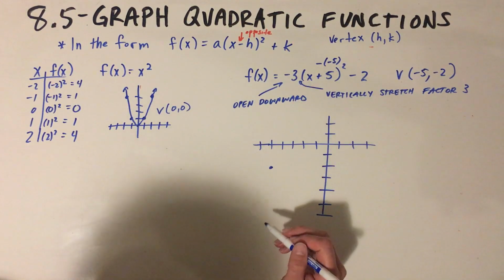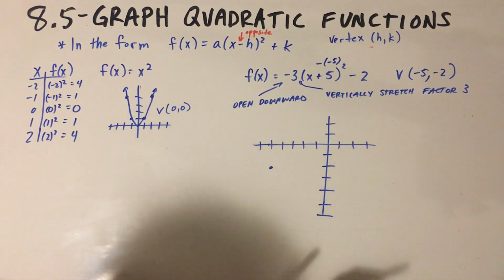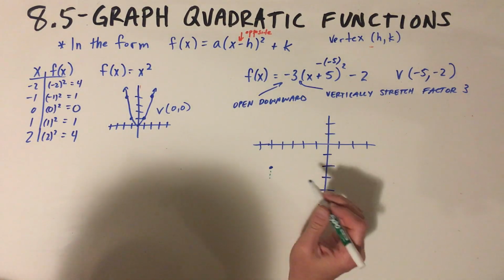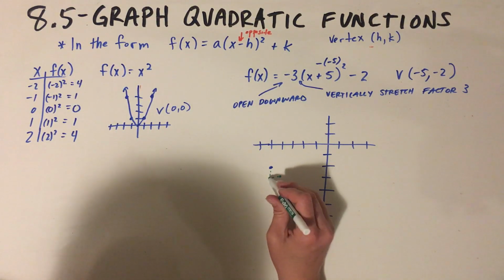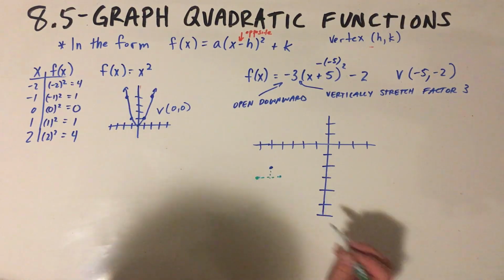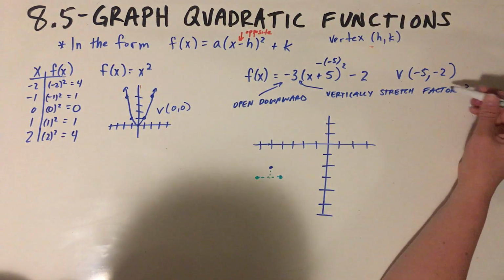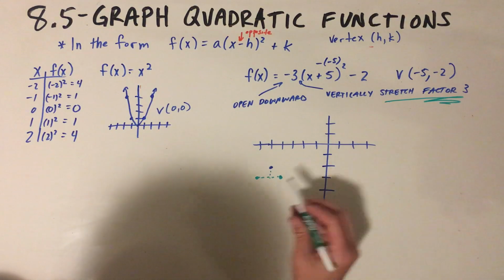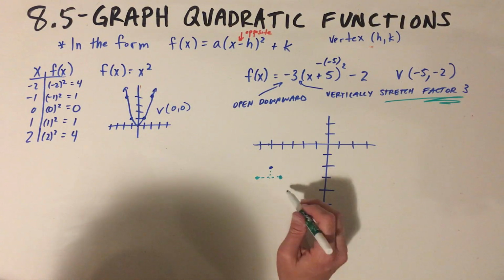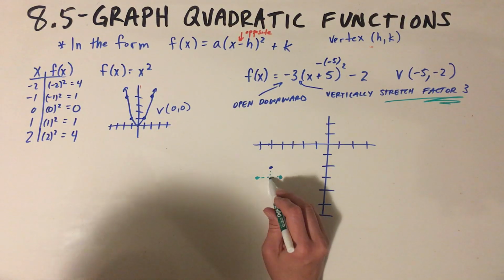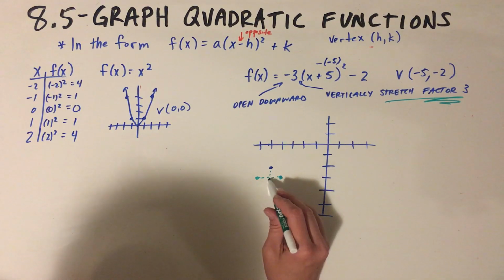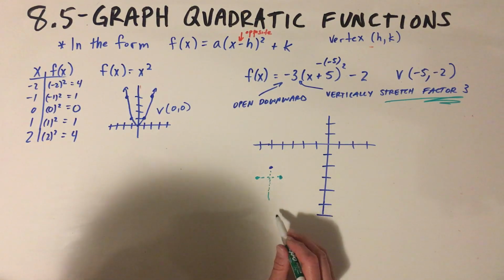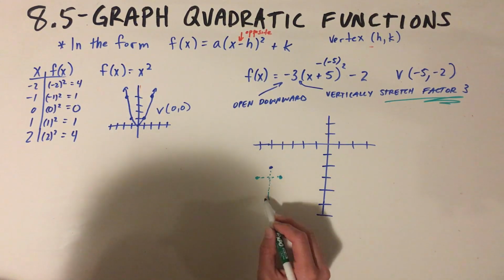We know that this is going to open downward, and typically to go to the next point, we would go down 1 and right 1, and these would be the next points in this parabola. But because it's going to stretch here by this factor of 3, instead of going down 1 and right and left 1, we're going to continue down this axis of symmetry, but we're going to go down 1, 2, 3.